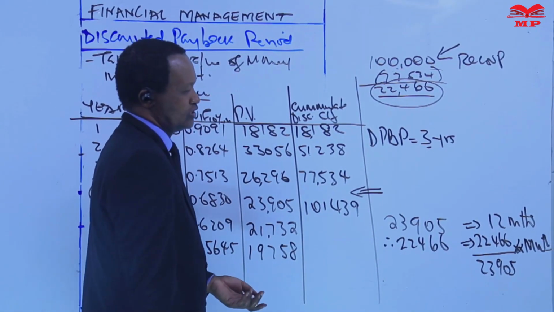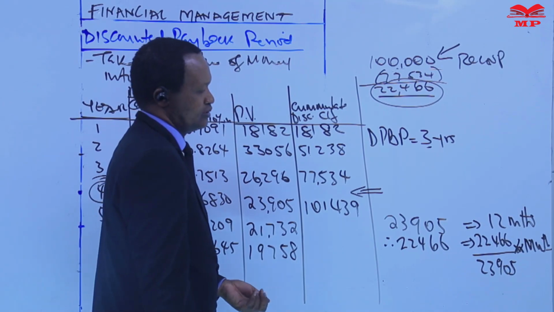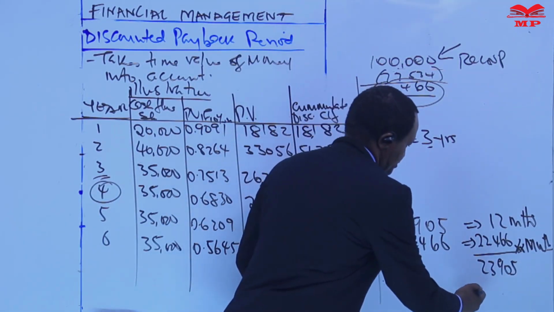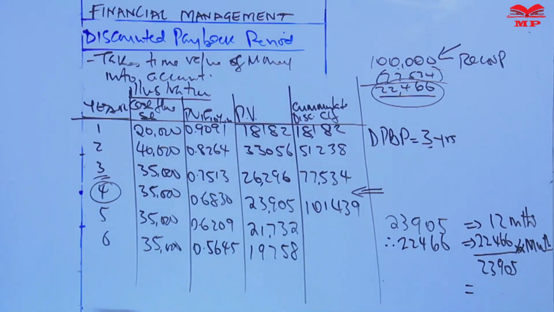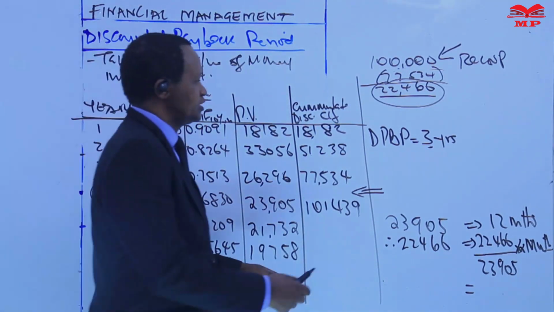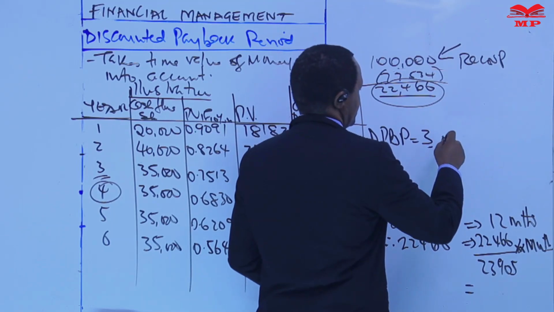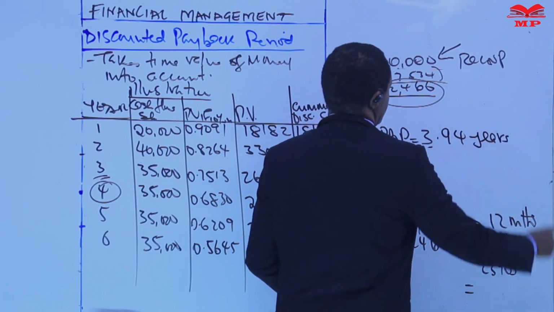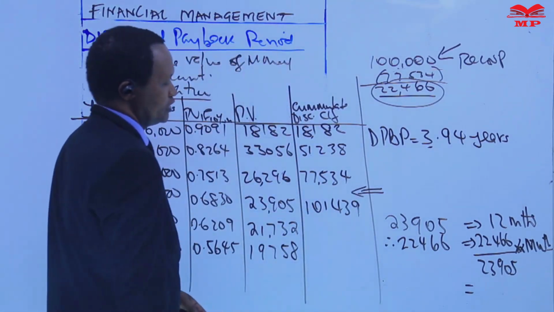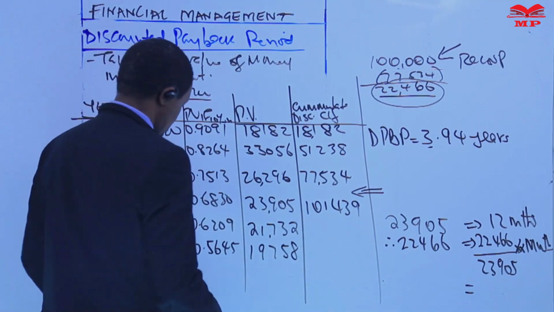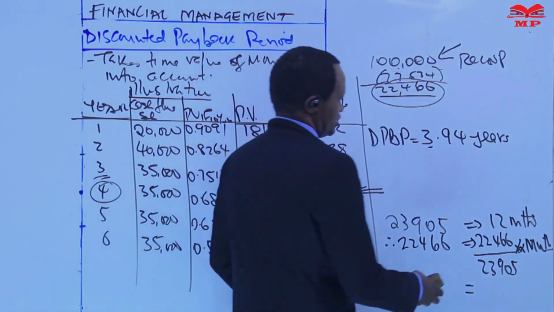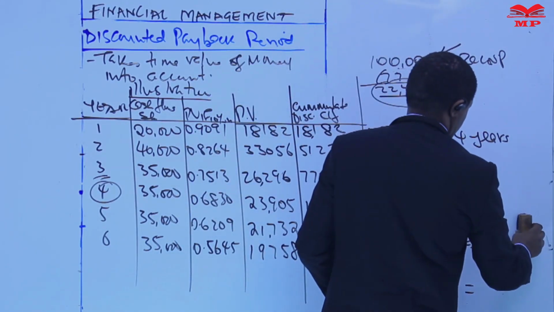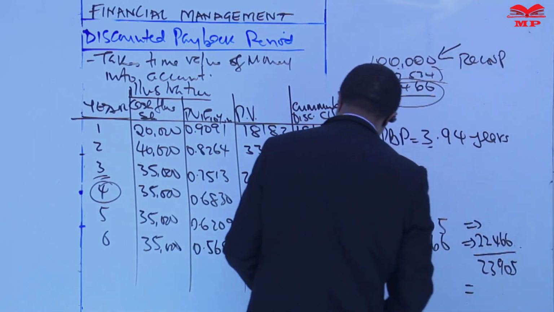So how many months do we get? This is a fraction of the 12. So this is 3.94 years. If you are using years, then you change the 12 to 1, the ratio multiplied by the year.